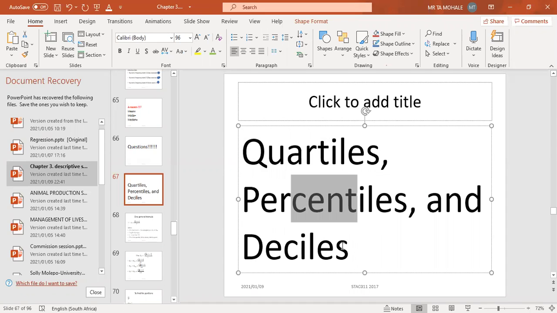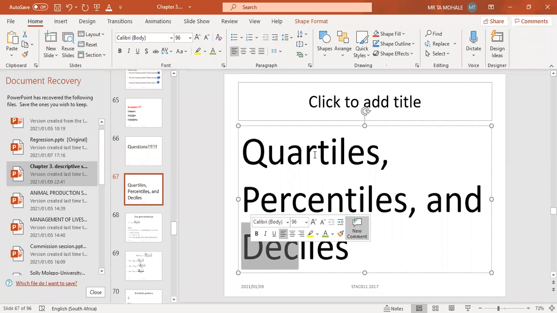And then deciles, you think of 10, from dec, like decade, a period of 10 years.